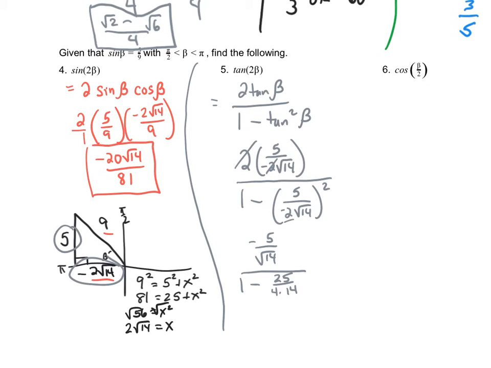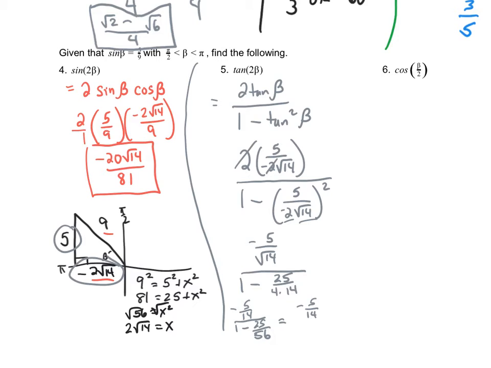Because when I square the 2, I get 4, and when I square a square root, the square root just goes away. So that's going to be negative 5 over 14 all over 1 minus 25/56. I can then just subtract the fractions. What is 1 minus 25 over 56? That's going to be 31 over 56.